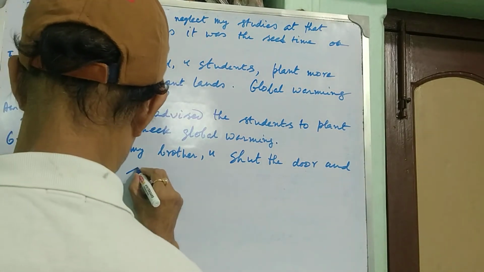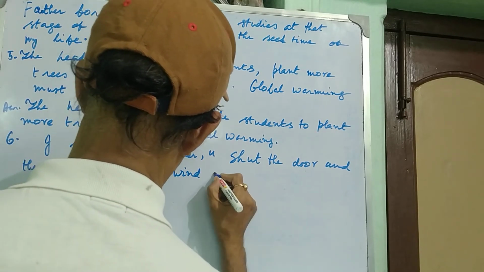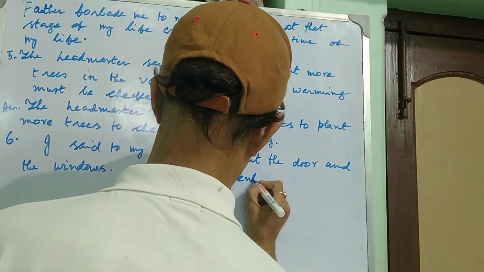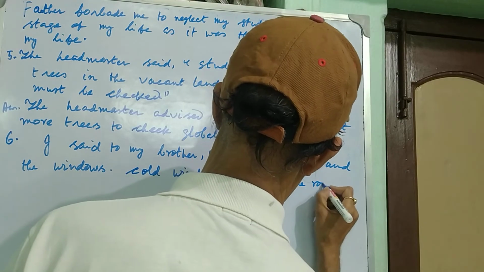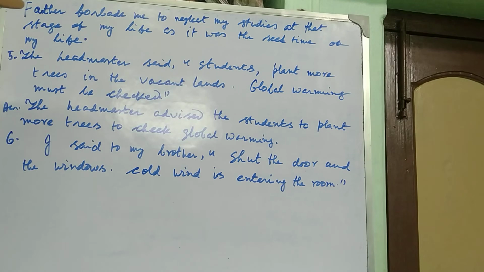Cold wind is entering the room." Look, it is also a peculiar combination of imperative sentence and assertive sentence. Then how will you change from direct to indirect speech?